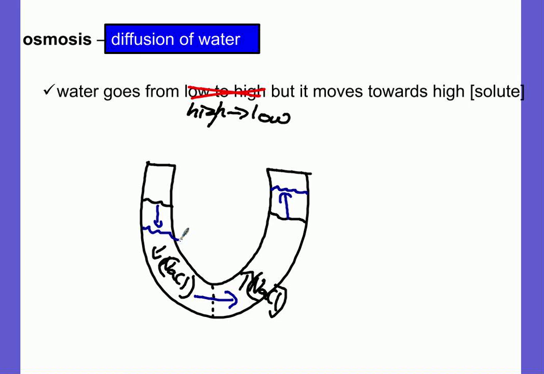It pops, and your cells literally can pop if they're in the wrong conditions. You wouldn't feel it necessarily, but if somebody gave you the wrong kind of IV solution, it would kill you ultimately because all of your blood cells would pop.